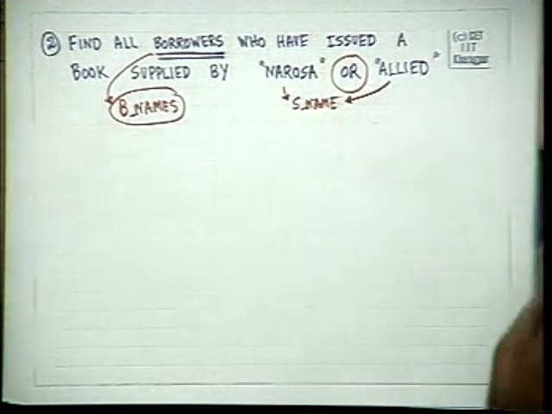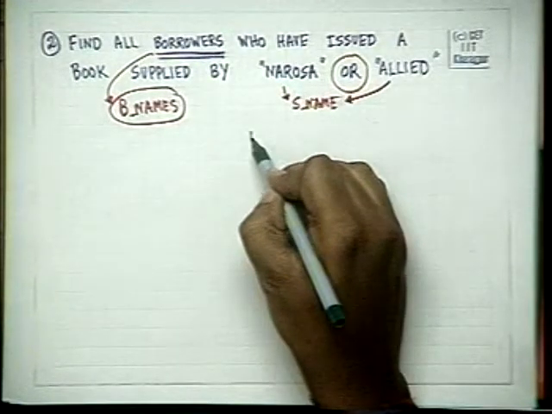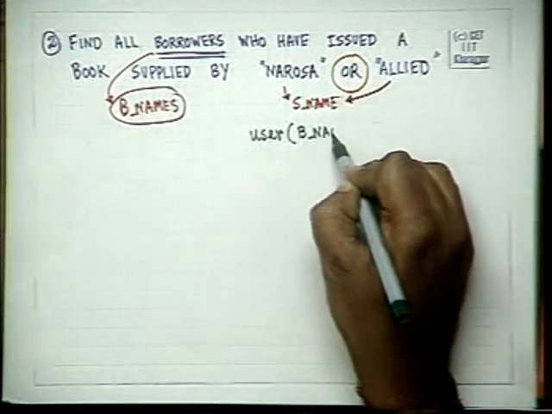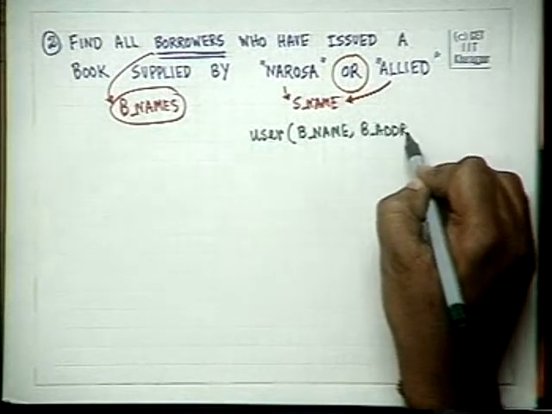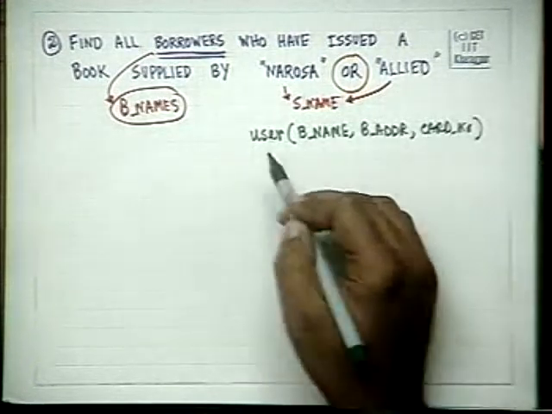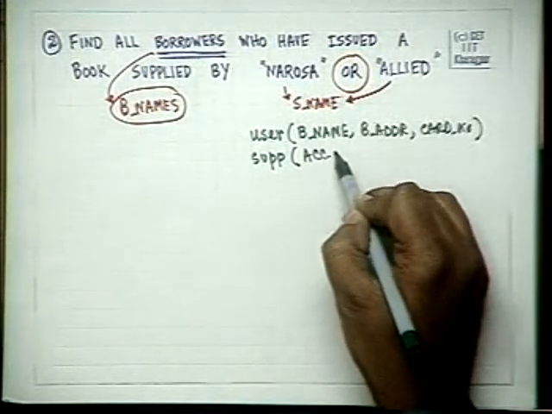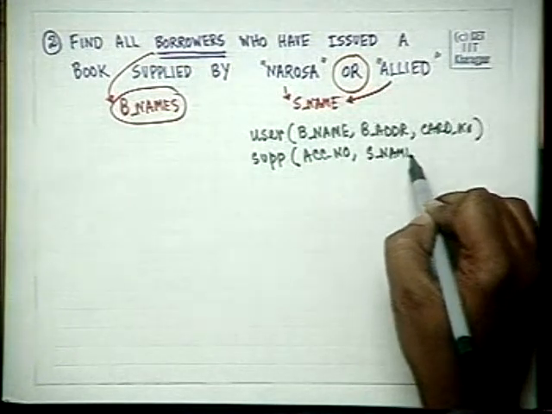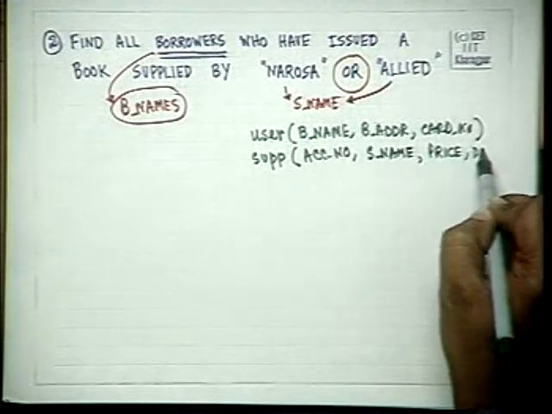Now what are the relations where we will get these results? We have got the user relation where we have got the borrower name, borrower address and card number. We have got the sup relation where we have got the accession number, the supplier name, and price and date of supply.